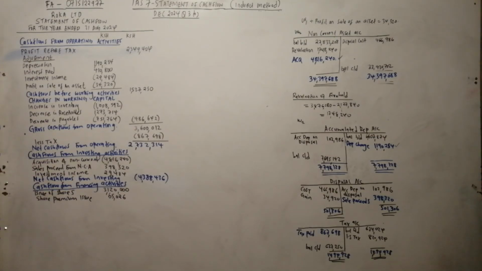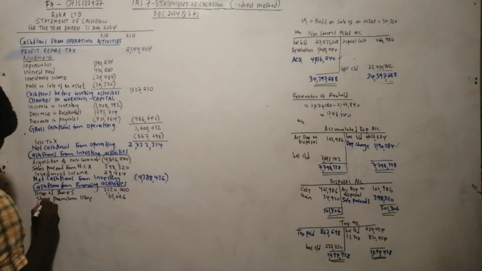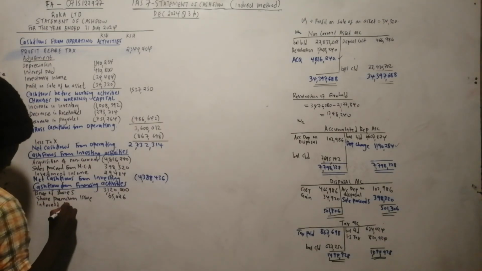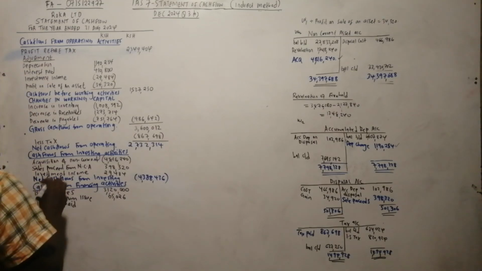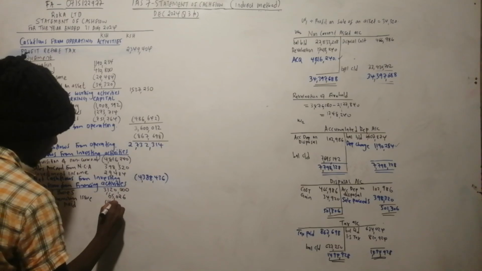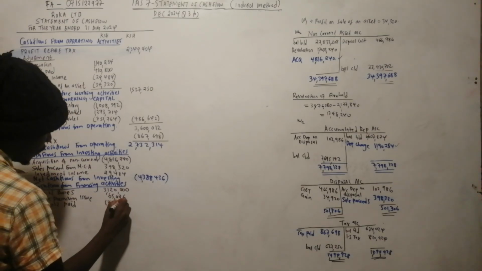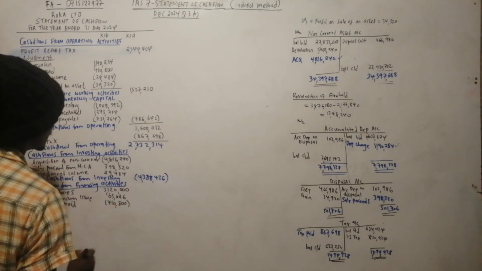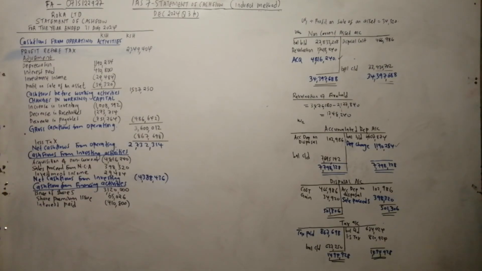So 65,026. Then you have interest paid. Nitaiweka hapa. The financing interest paid. Ndio hii hapa juu. So that one tuna reduce now for 10,800 interest paid.